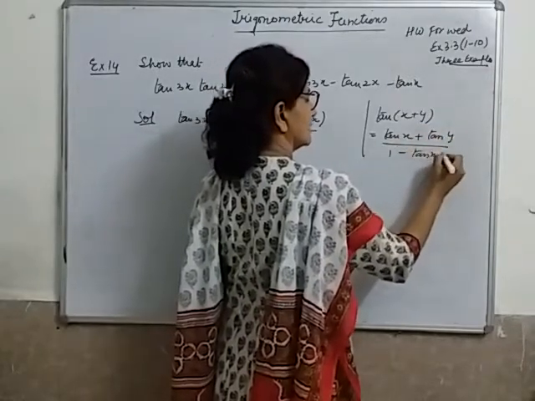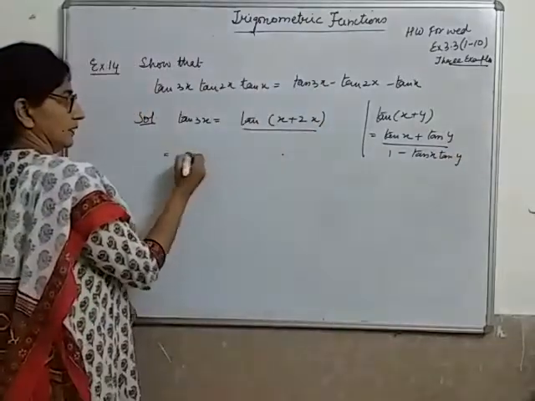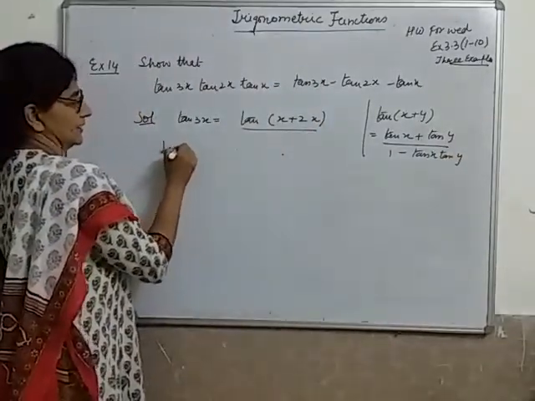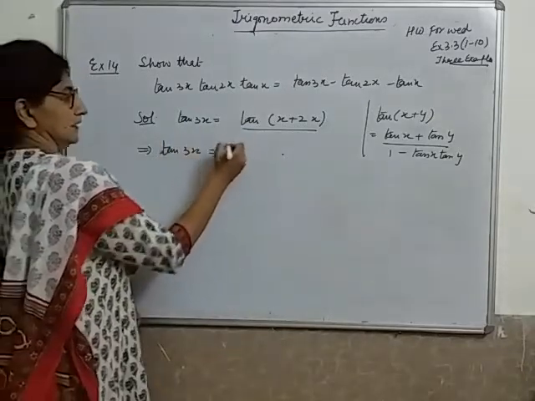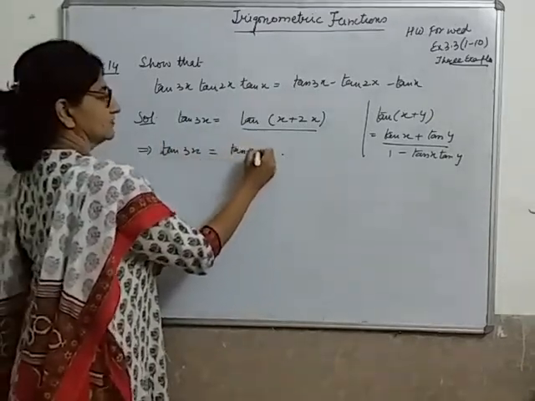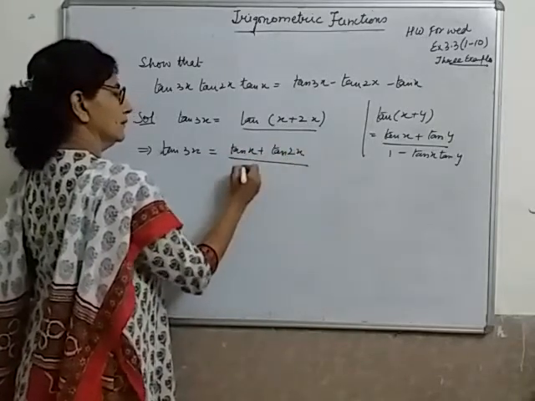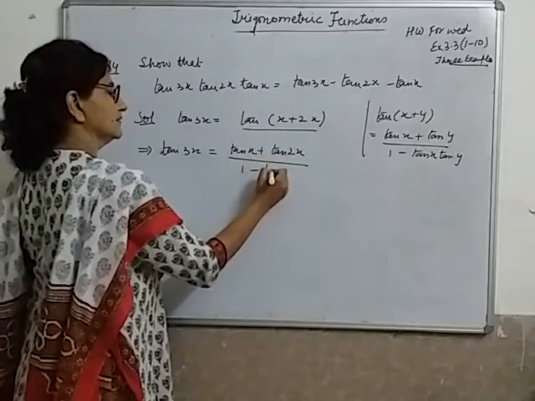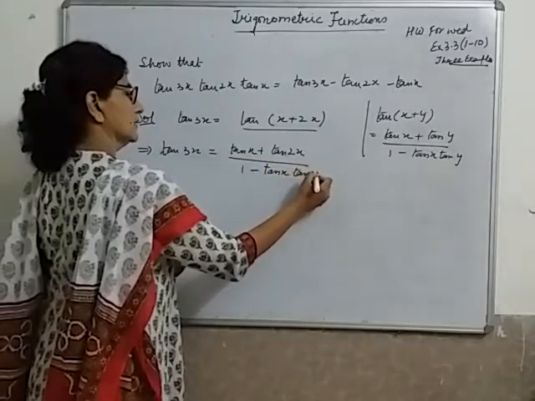Tangent x, tangent y, right? So it will be this tangent 3x because I need it. That's why I am writing it every time. It will be tangent x plus tangent y upon 1 minus tangent x tangent y. Right?